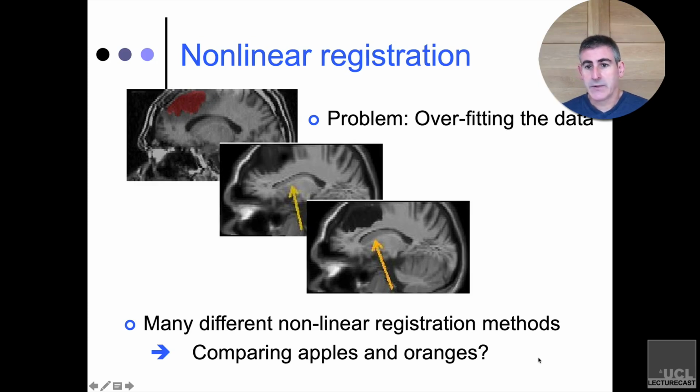So nonlinear registration does offer these advantages, but it also comes with certain costs in the sense that it can possibly overfit your data. This is an example of a patient who obviously has a midline lesion that you can see here. The area shown in red on the top is an identification of the lesion, but hopefully you can see it fairly clearly in the images.